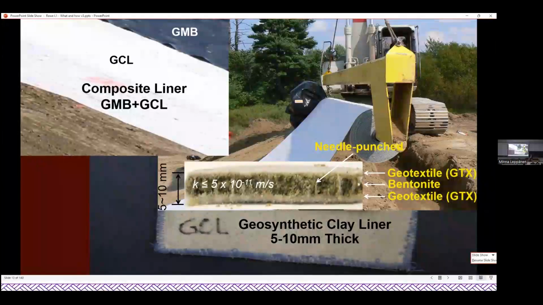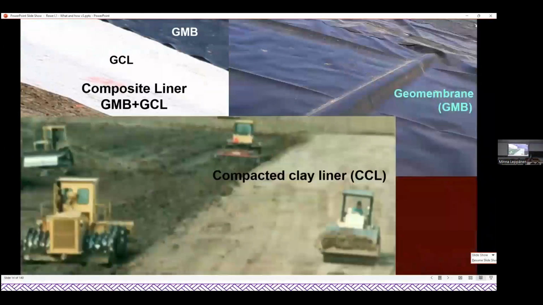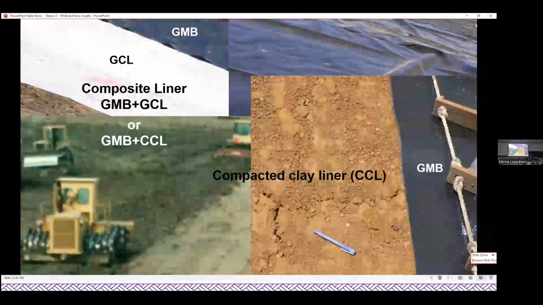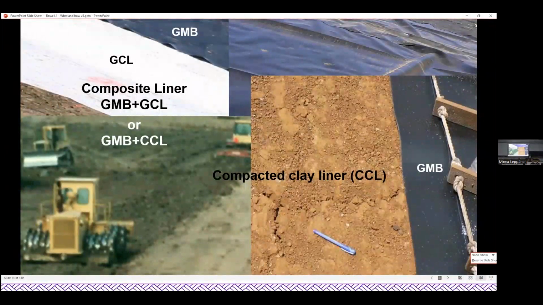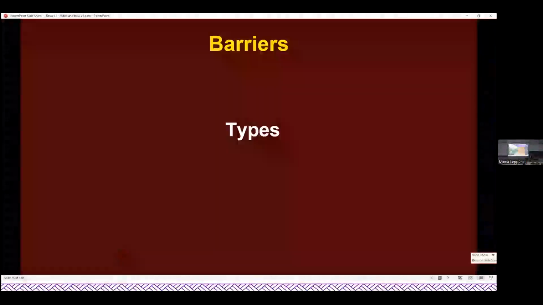A geomembrane and GCL works together much more effectively than either material alone. We can have a compacted clay if we've got suitable material, and we can use that together with a geomembrane. And of course, we can use a compacted clay, a GCL, and a geomembrane.